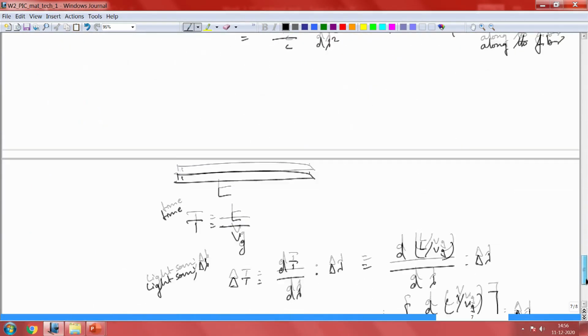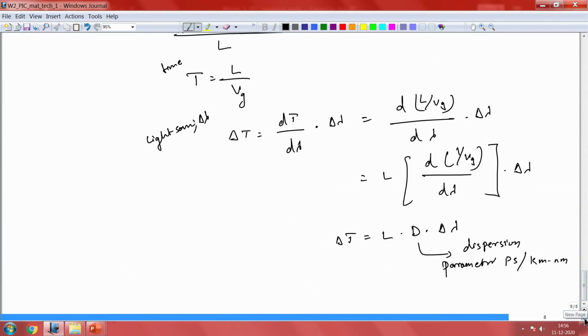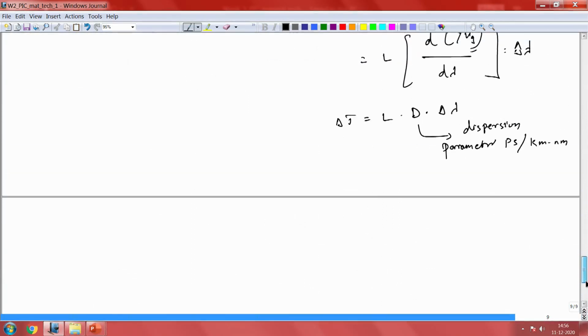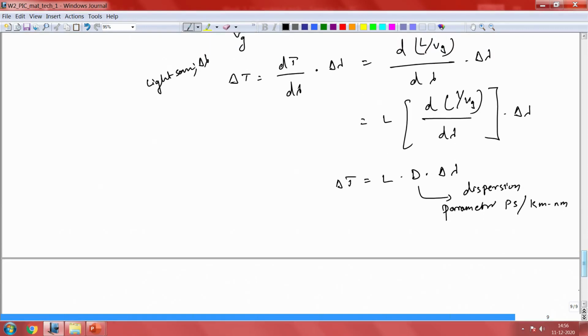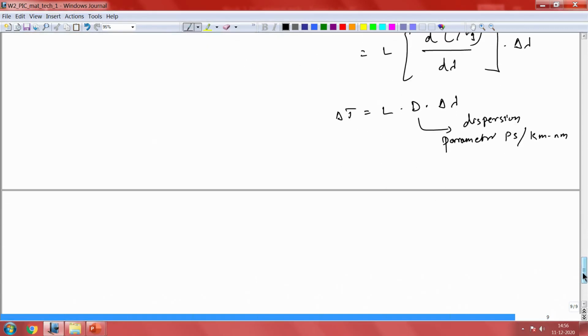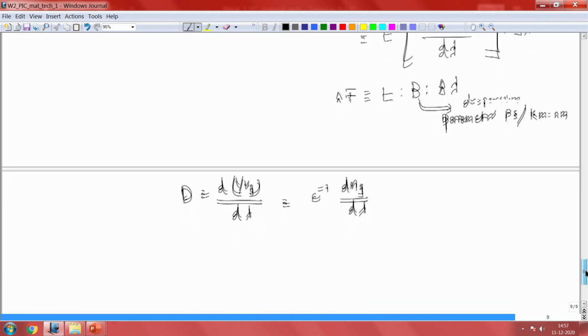So, let us find out how this group velocity could be used to find out the change in the refractive index. We are trying to find out, from the group velocity dispersion here, how one can express it as a function of the refractive index.